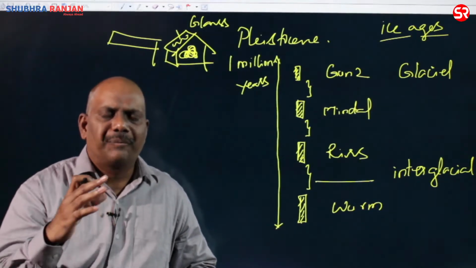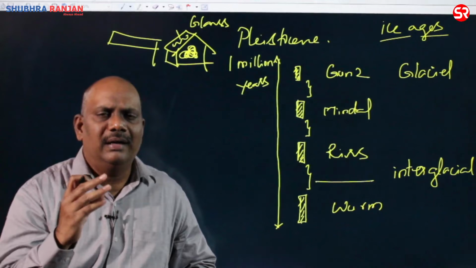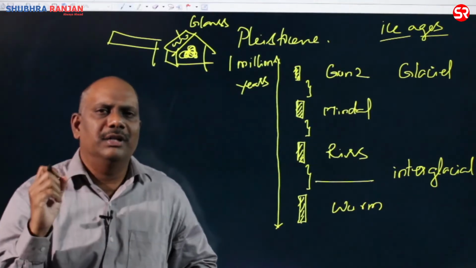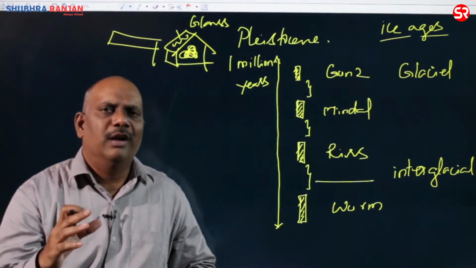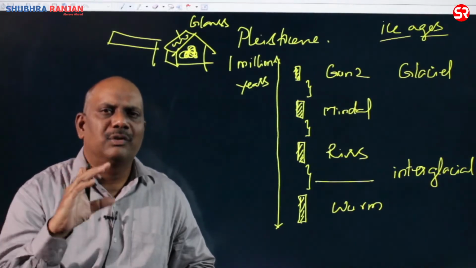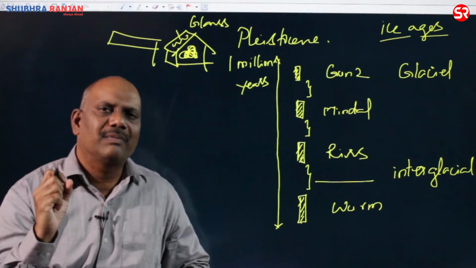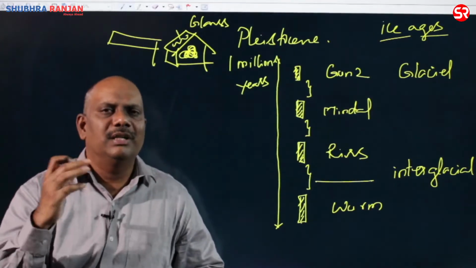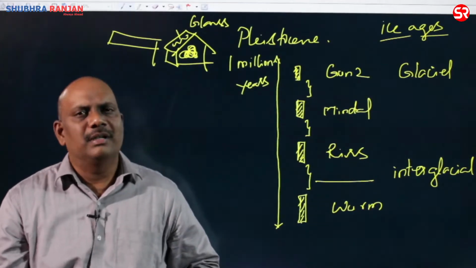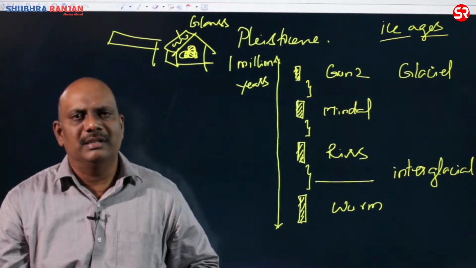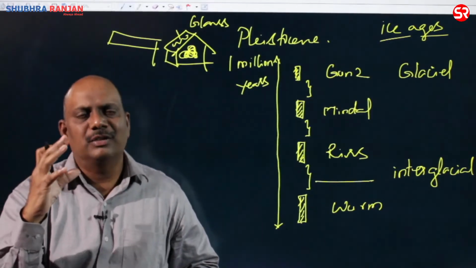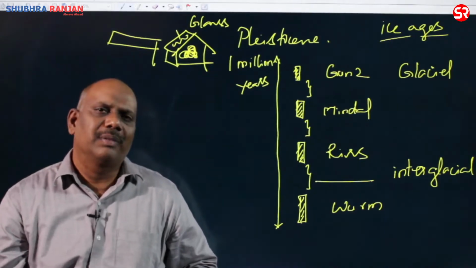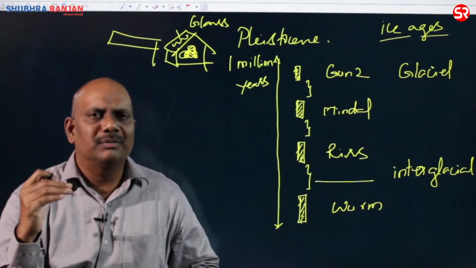Suddenly the temperature will drop, and Arctic-like cold conditions, snowfall, accumulation of snow, formation of glaciers. These events were noticed even in the tropical and the subtropical regions. So Earth was literally covered by ice during this period. So it happened 4 times.